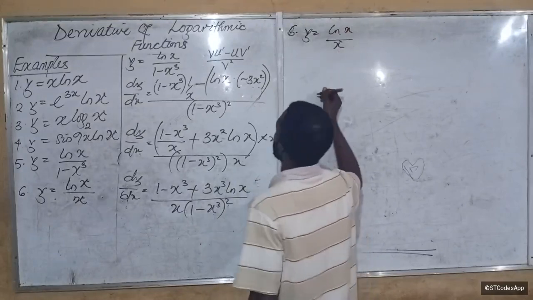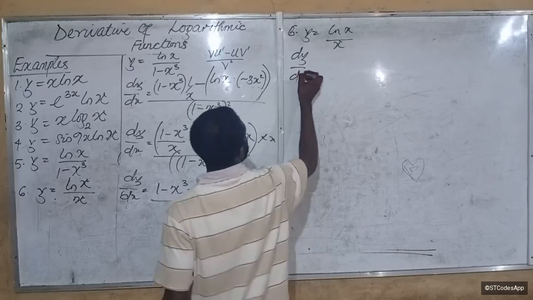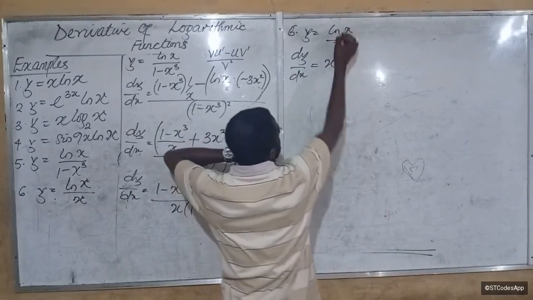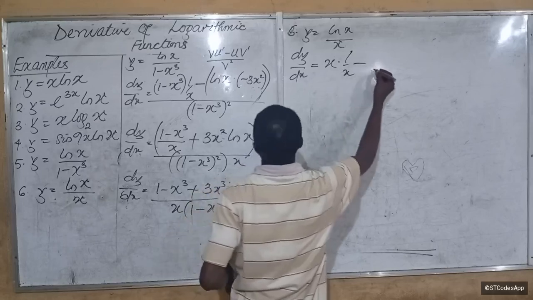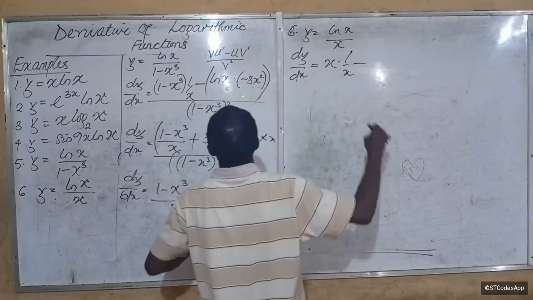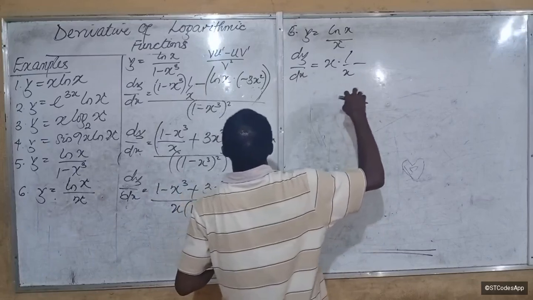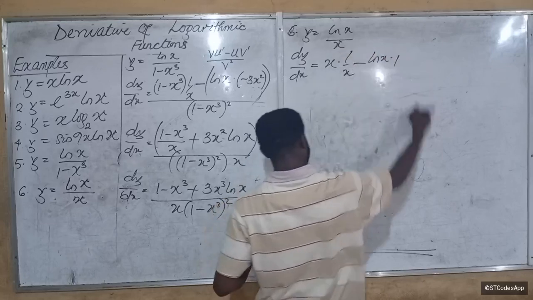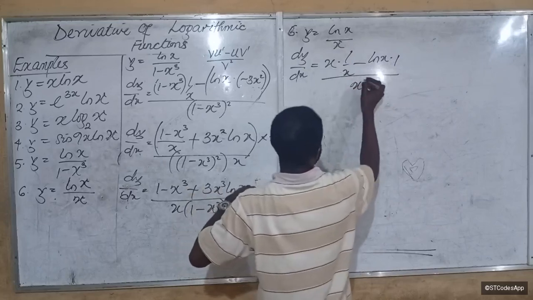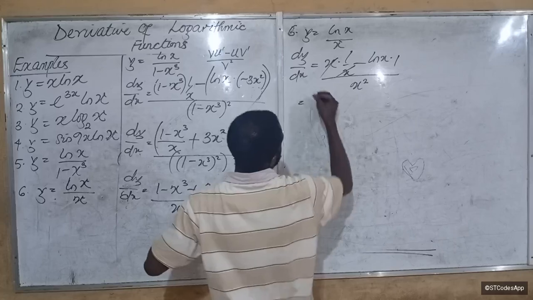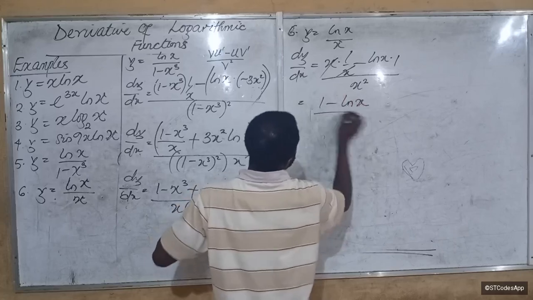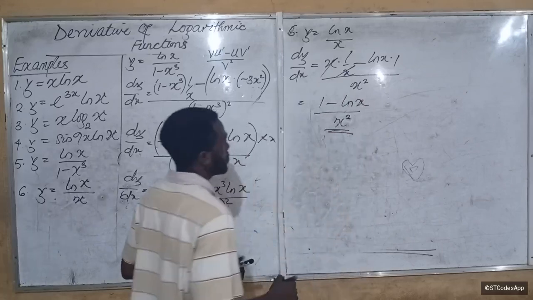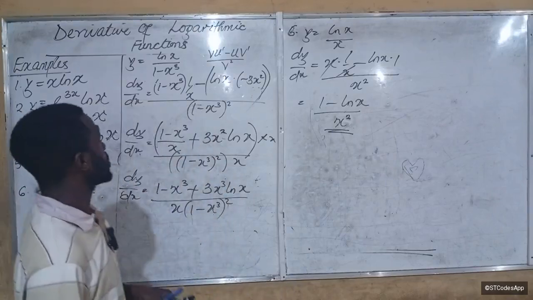So I'm going to be using quotient rule the same way, so that dy dx will be equal to, we are going to hold this x and differentiate this, it becomes 1 over x, minus, we now hold the top, that is ln x, and differentiate the bottom, that is 1, all over bottom squared, that is x squared. So we now have, this takes care of this, and we have 1 minus ln x over x squared, and that's all. Alright, so that'll be it.